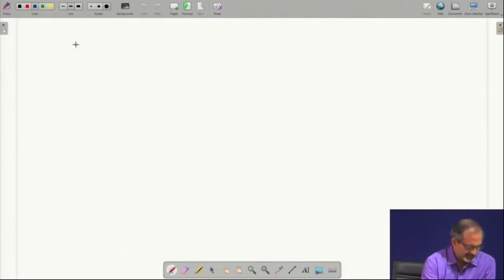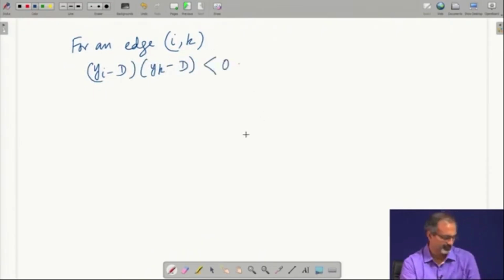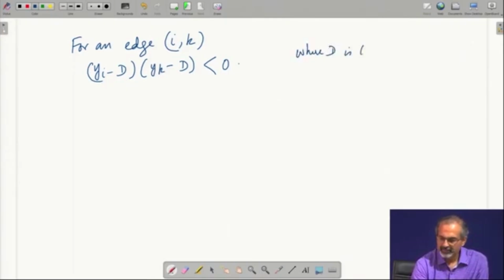How would you check, for an edge I k, that means with nodes I and k, whether there is an intersection point with any horizontal line? So, what we check essentially is this. Where d is the y coordinate of the horizontal line.